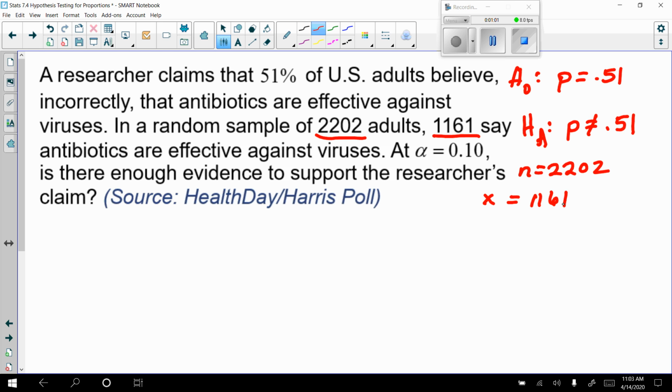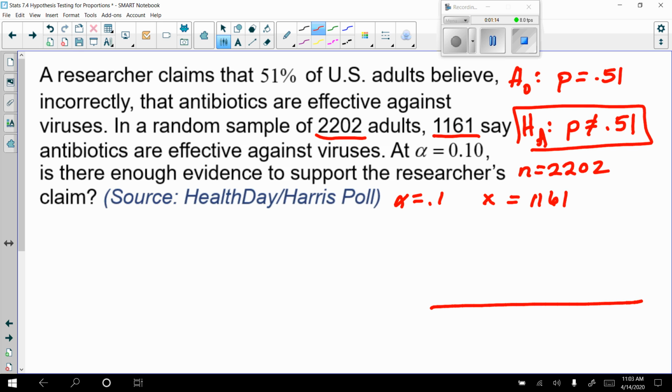So that's how many out of 2,202 said that antibiotics are effective against viruses. And we have an alpha level of 0.1. Since it is not equal to, we have a two-tailed test. So this has to be 0.05 and this has to be 0.05.